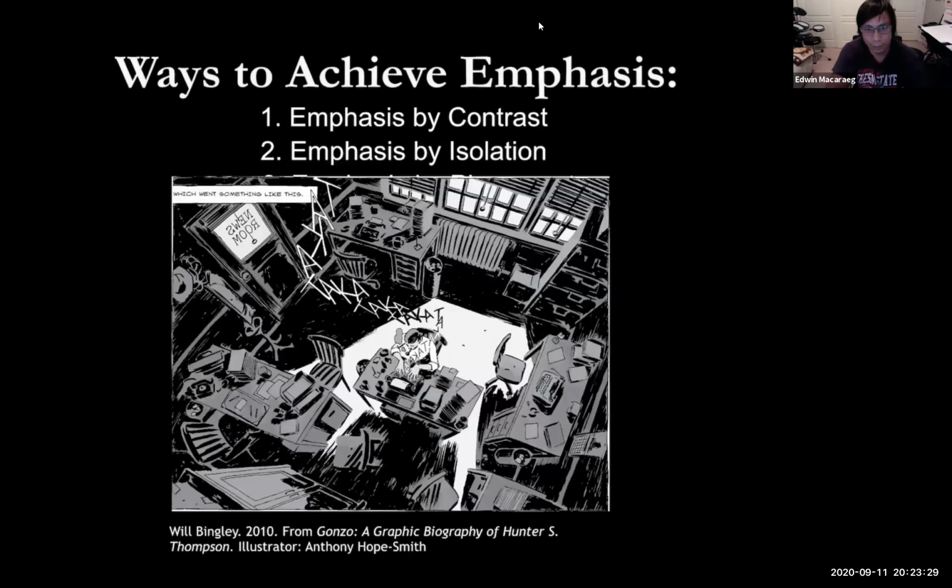There are different ways to achieve emphasis, and here are some of the easier ways. One is by contrast. We can create emphasis by contrast.